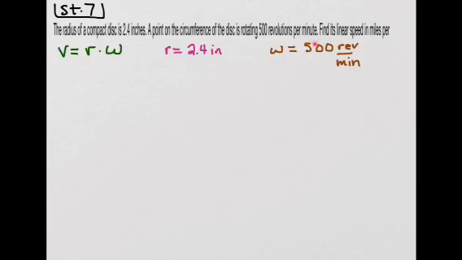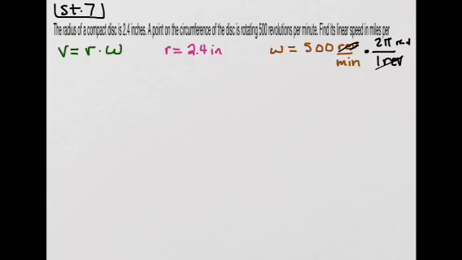Now this is not omega, but we can find omega by using this information. So 500 revolutions per minute could be converted to omega by multiplying by 1 revolution for every 2 pi radians. So that's gone.